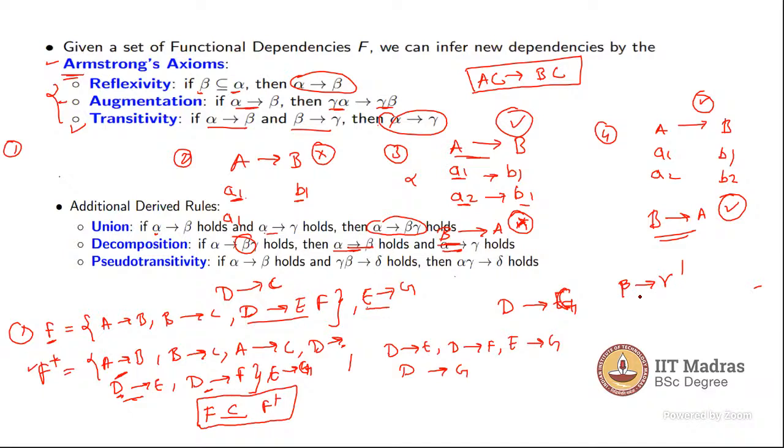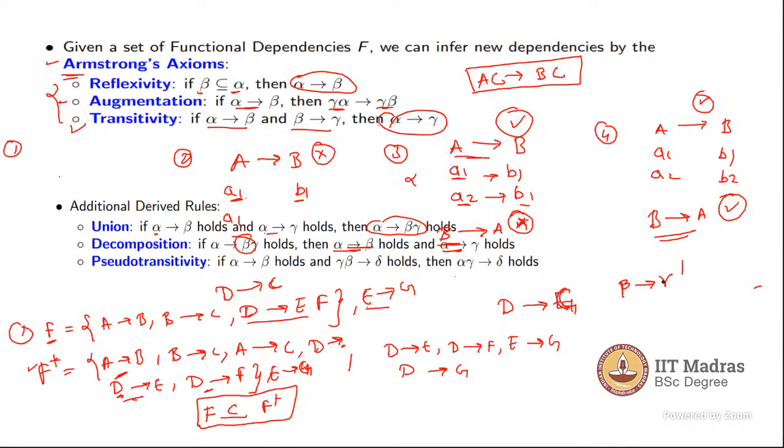Yes, what you're saying is, what if beta determines gamma, meaning there is a relation between beta and gamma too. That is very specific to what the relation is. There could be more attributes on the left hand side or on the right hand side.